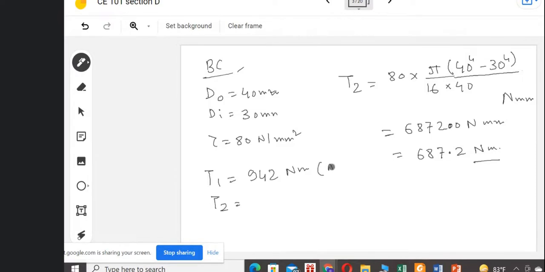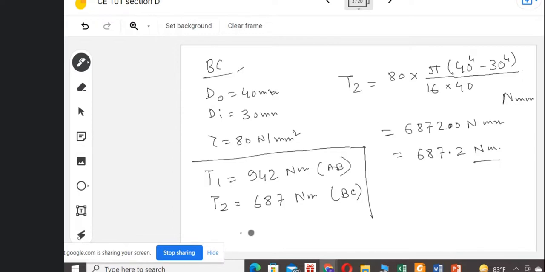T2 is 687 Newton meter. So, from the point I mentioned, we have to take the minimum of these two as the strength transmitted by the total section.